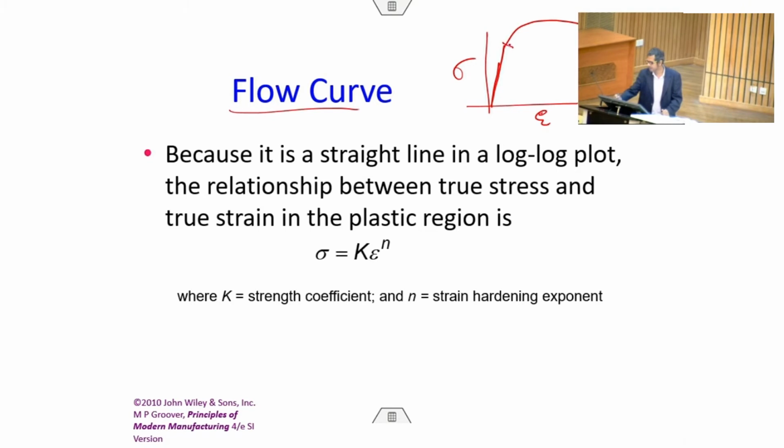The equation of this curve from here to there, the true stress true strain behavior, is given by the flow curve. So, sigma and epsilon are related by a constant K and an exponent n. This exponent is known as the strain hardening coefficient, and K is the strength coefficient, which is also a material property.